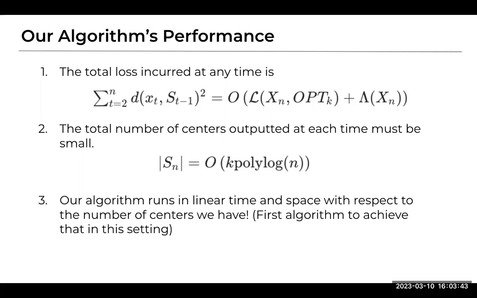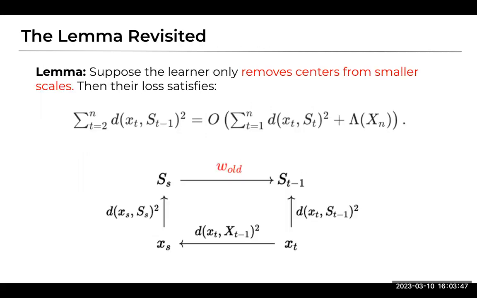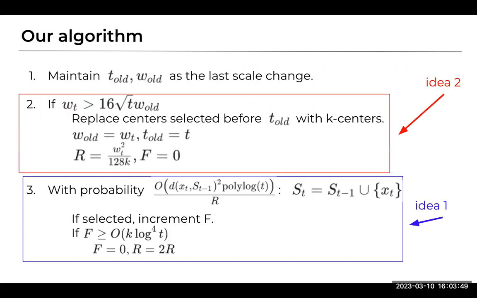It matches, it's k poly log n. And finally, you can see by our algorithm pseudocode that clearly if we don't select too many centers, the running time is going to be very fast, because the only data that we hold on to aside from the centers is the value of R, the value of F, W, and a little bit of information.